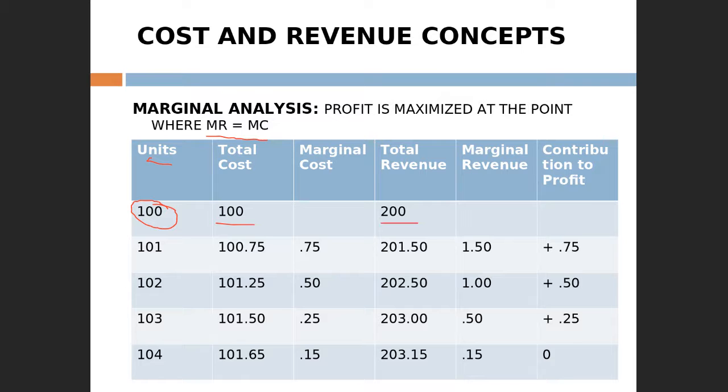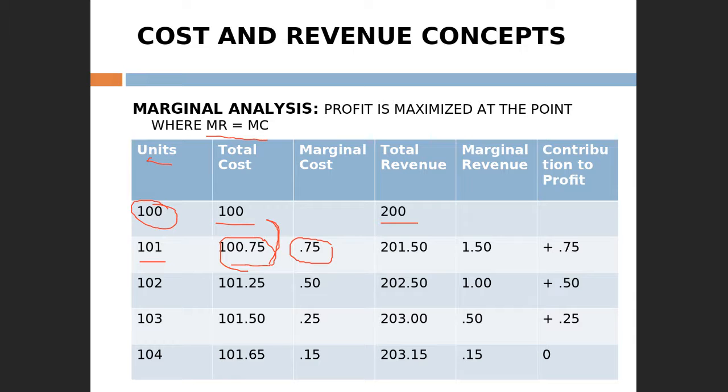It's $200 total revenue. You with me? Yes, sir. 101 units, see, for efficiency of production, economy of scale, the per unit cost is not $1, it has gone down. So to produce 101 units, total cost is $100.75, okay? So the marginal cost, which is the difference between this number and that number, is 75 cents.